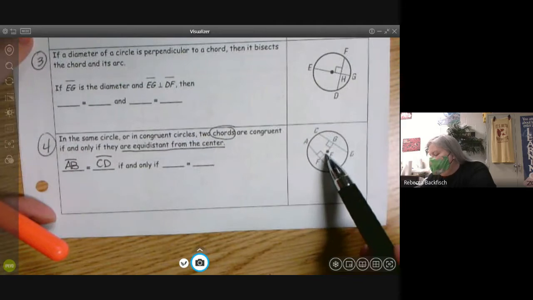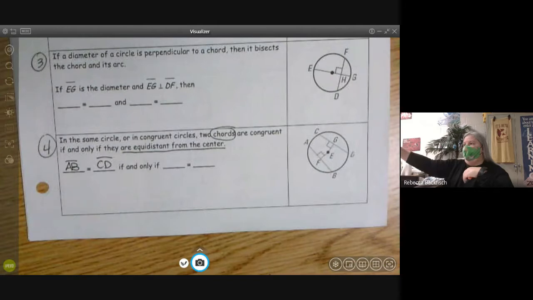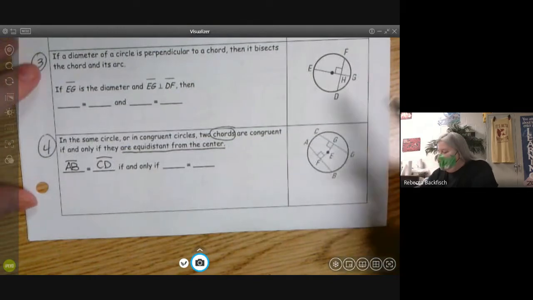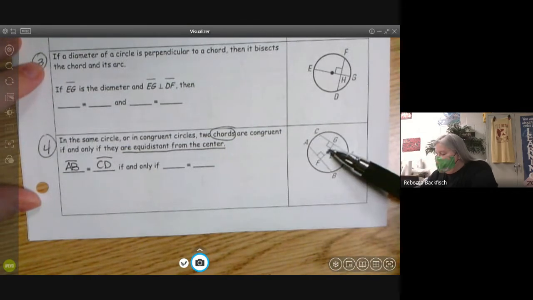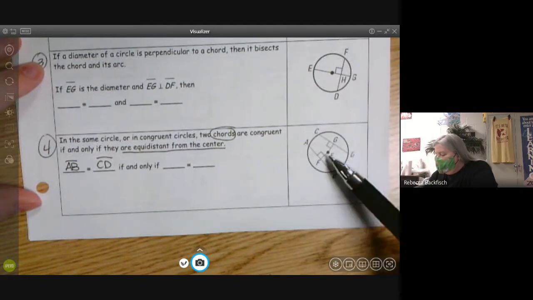So the reason this is a right angle, remember, is that for me to talk about distance from a point to a straight object, I want the perpendicular segment. That's the shortest distance to that thing. So that's why there's a right angle there, just to say this segment does indicate the distance from E to segment CD. And this segment does indicate the distance from E to segment or chord AB.